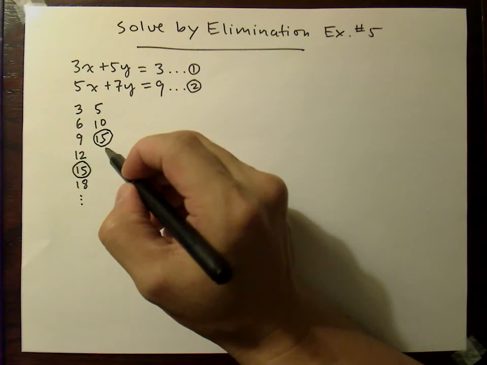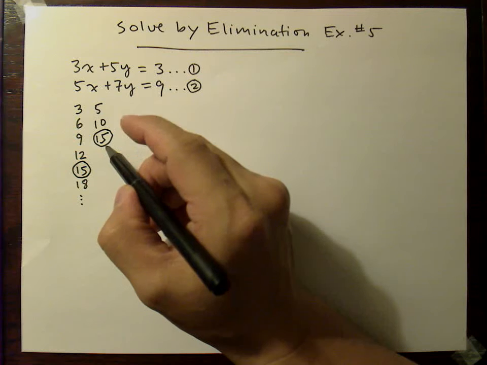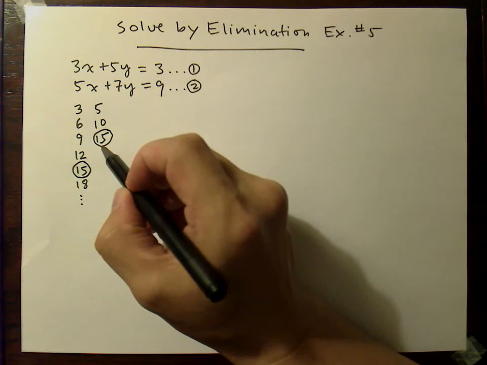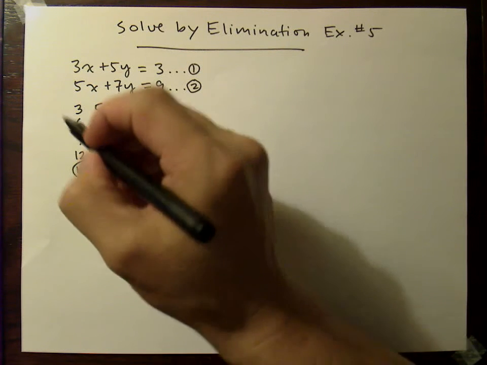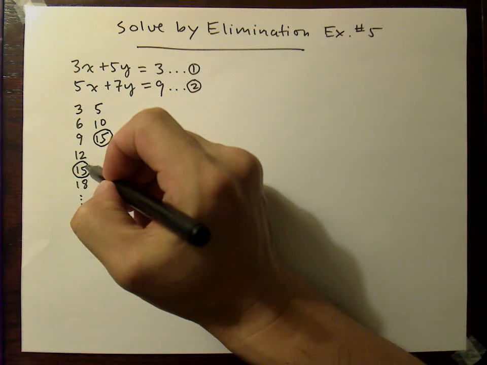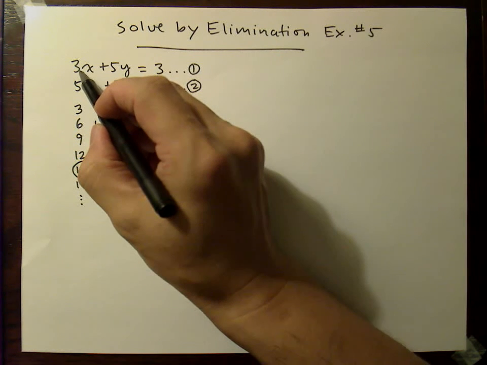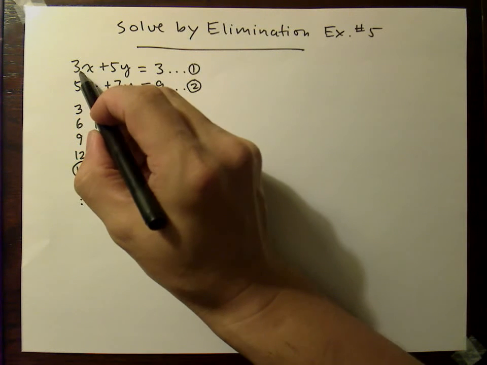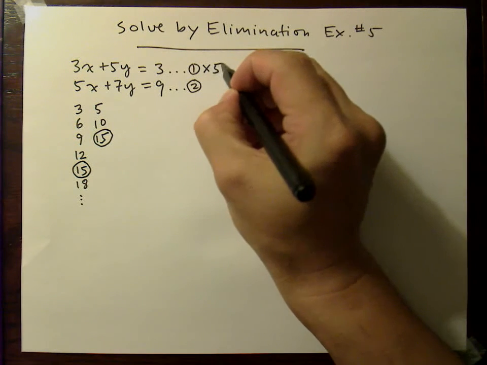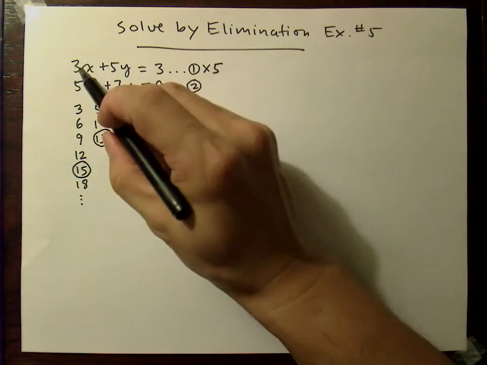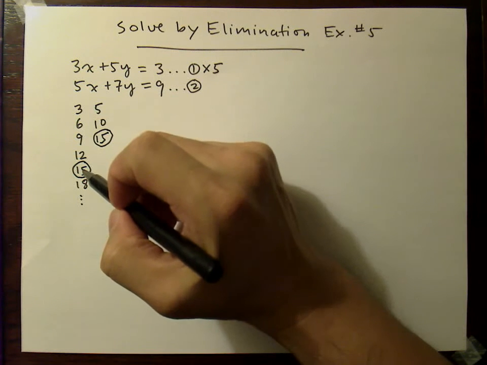This common multiple is actually the key to figuring out what the integer is that we need to multiply each of the equations by. Keeping the 15 in mind, what number times 3 will give you 15? Of course, that would be 5. 5 times 3 will give you 15.